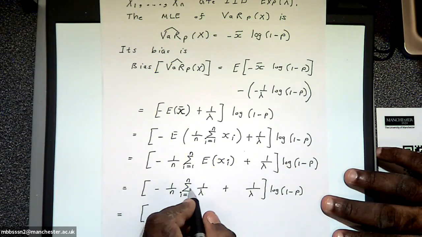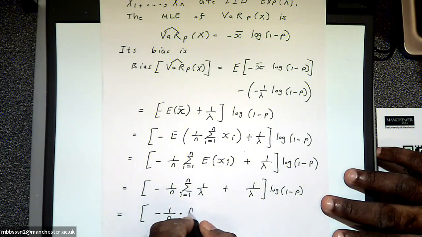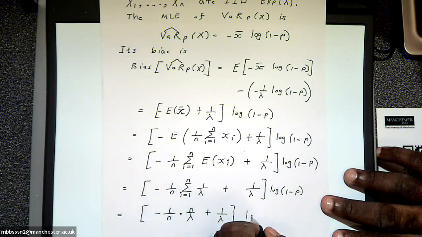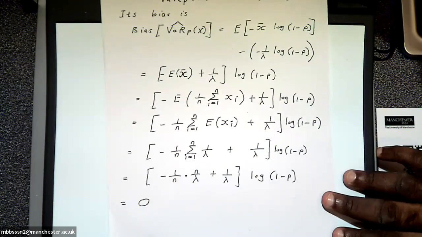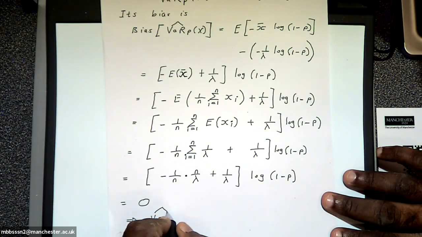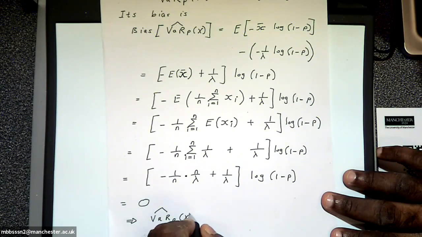So this is the sum of a constant, which is n times the constant. And this is clearly 0, right? So what we have shown is that the estimator for VaR is unbiased.